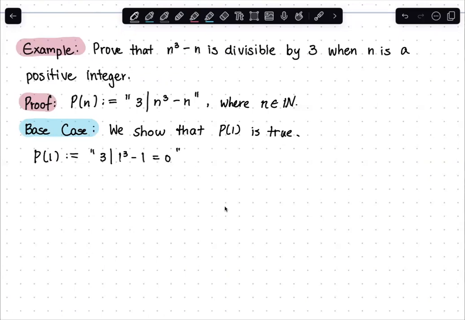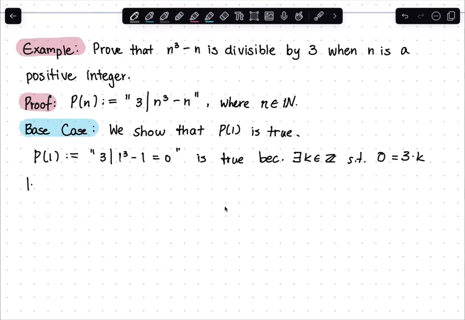Now, we know that is true because we know that there is some integer k such that 0 is equal to 3 times k. In our case, k has to be 0 in order for the statement to be true.